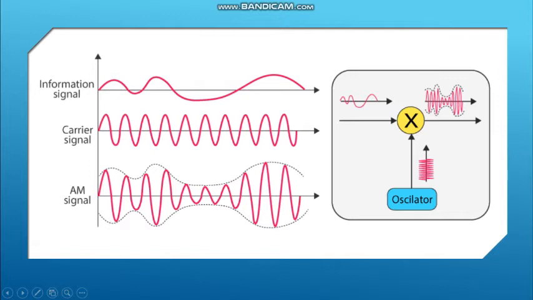This is the information signal which you wish to be sent or transmitted, and then with the help of the carrier signal, and also with the help of an oscillator which produces the carrier signal, the information signal goes to the modulator, and the output will be an AM signal, which is the combination of the carrier and information signal, which also has the envelope. These traces are what you call the envelope.